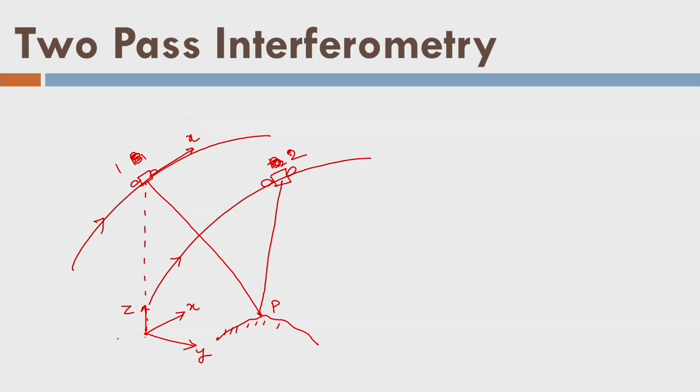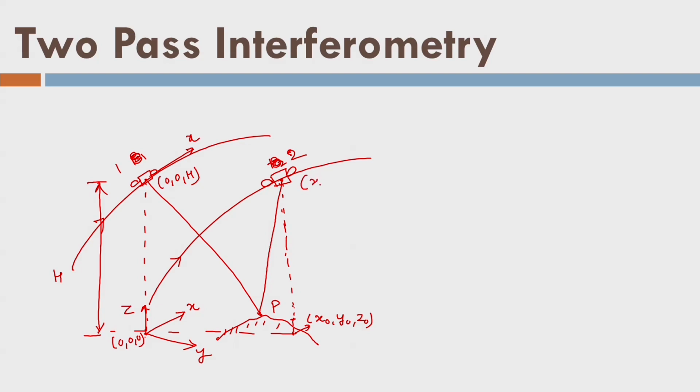Now you can see here that if it is 0, 0, 0, and if this is flying height h, with another point here, if I drop here like this, so this another point has coordinates, let's say x0, y0 and z0. Because of this flying height, this point is having coordinates x0, y0, z0 plus h, and this is baseline now.